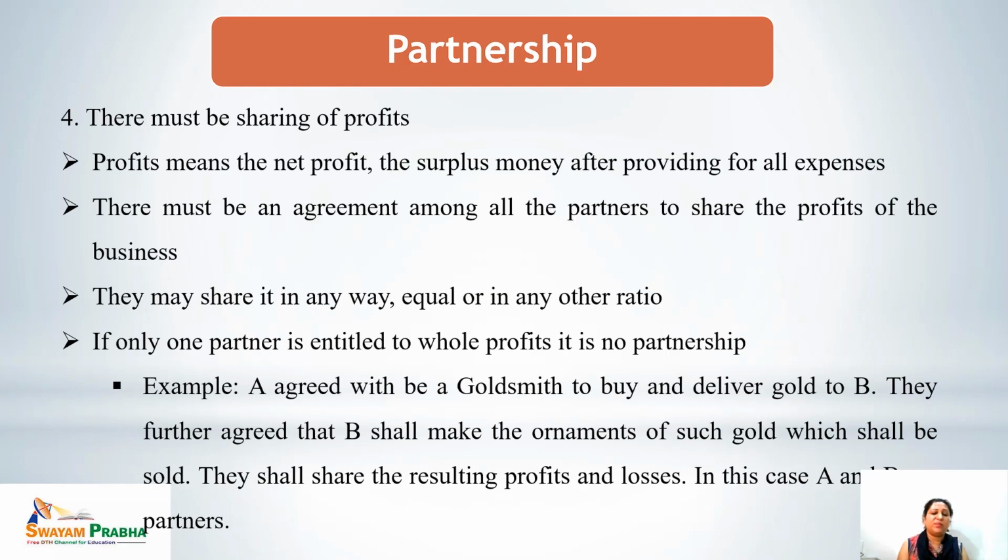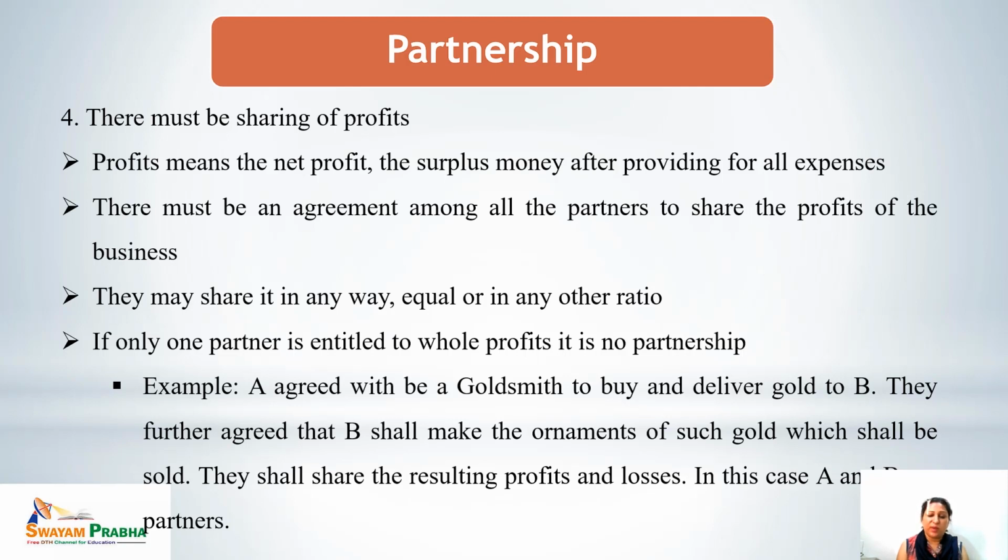The next point is there must be sharing of profit. When more than one person joins to do any business, the objective definitely would be sharing of profits. Here profit means the net profit, the surplus money after paying all the expenses of the partnership business.